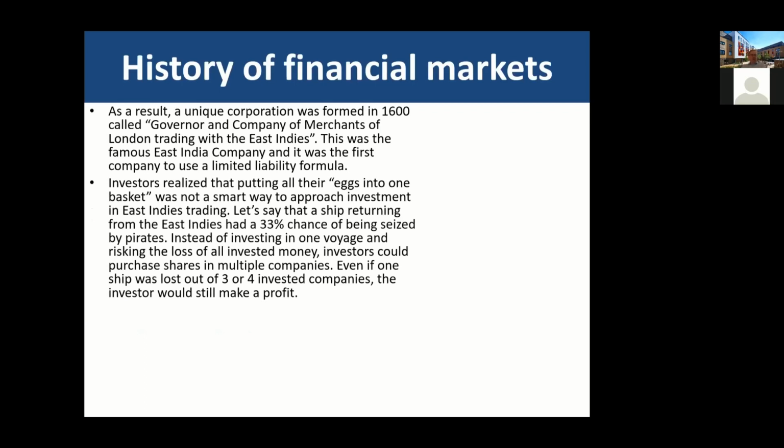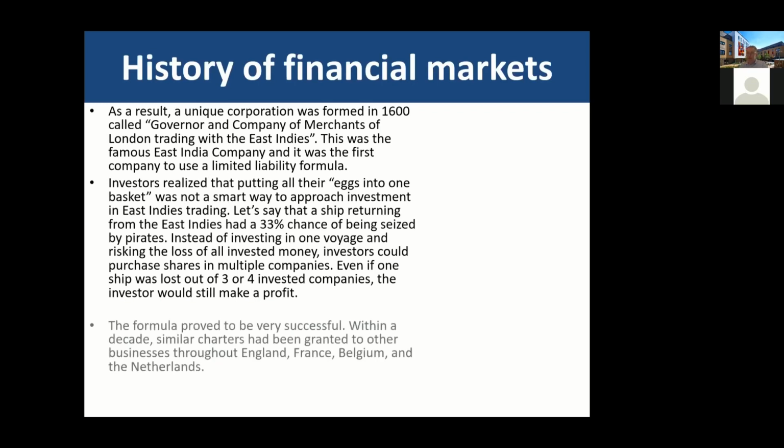The way you could diversify this risk was by purchasing shares in multiple companies. These multiple companies were different cargo shipments. And even if one ship was lost out of 3 or 4 shipments or invested companies that the investor had bought, you are still able to make a profit.